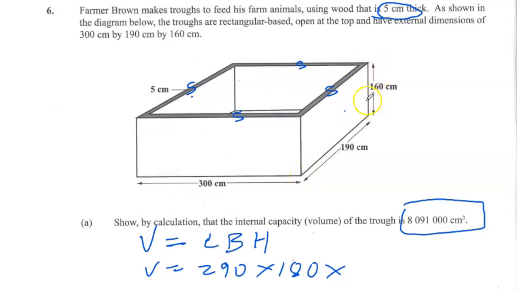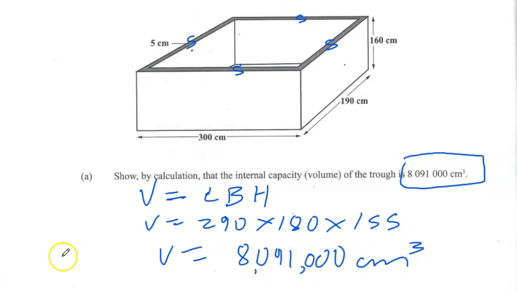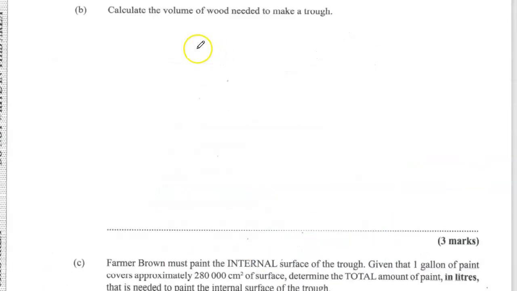Notice it's open at the top, so just 5 centimeters will be lost. So this would be 155. Hence the volume, multiply all of that, we get 8091 cubic centimeters. Part B, the volume of wood needed to make this trough.